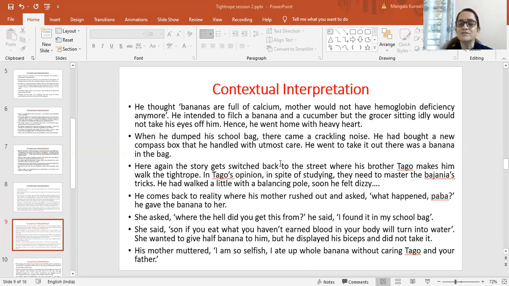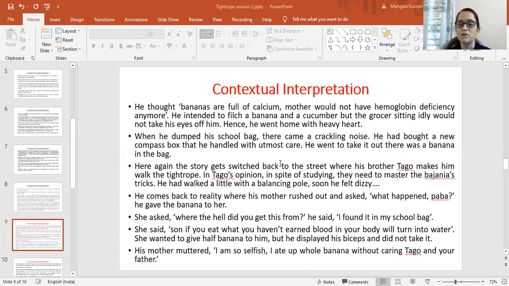Small children, if they buy anything new, handle it smoothly with utmost care for a few days; later, they will behave so roughly with it. So he took it so carefully out of the bag. While taking it out, there was a banana in the bag. Who put that banana in the bag?